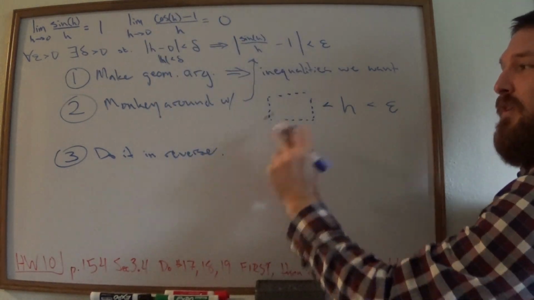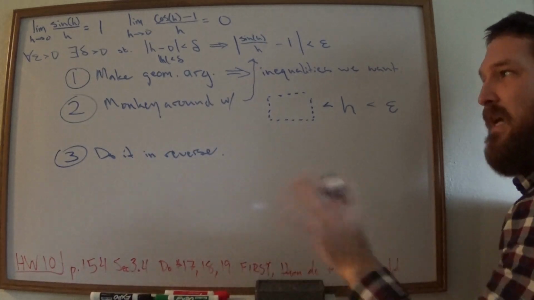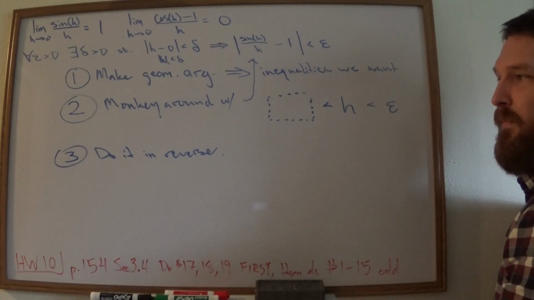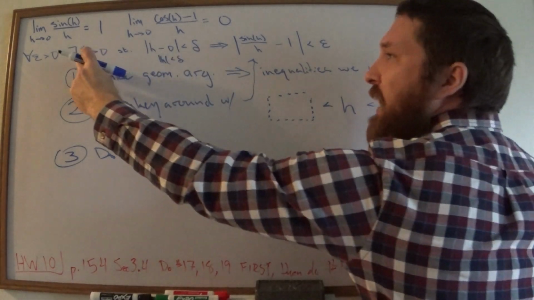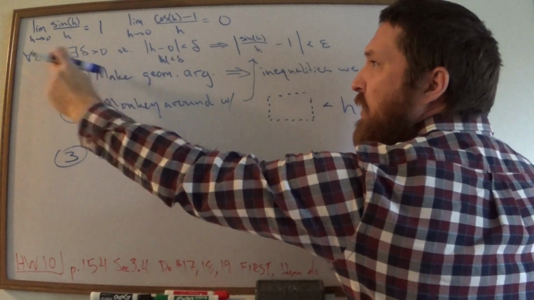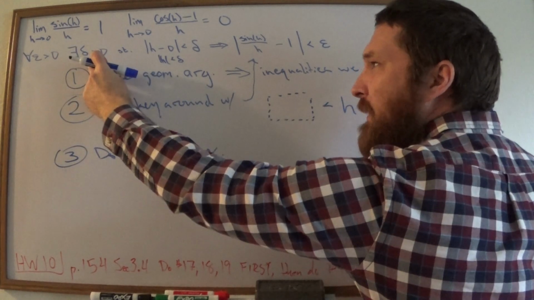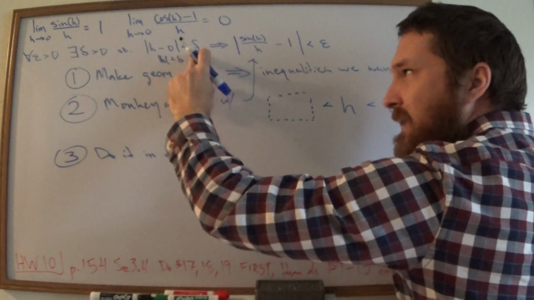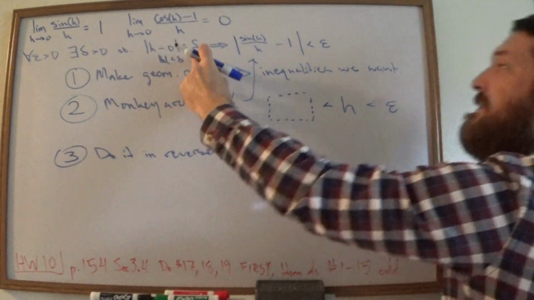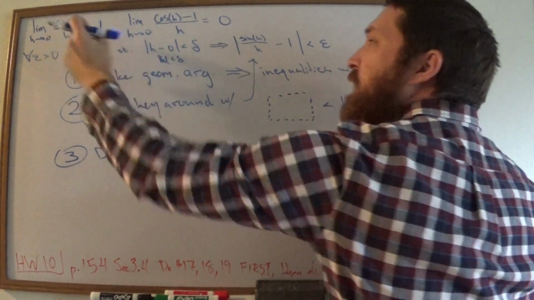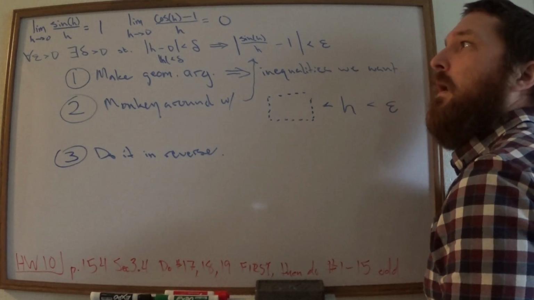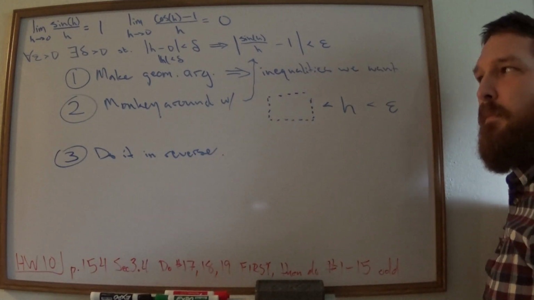So we're going to do all of this work from number 2 in reverse, and I'm going to burn through that really quickly, just to make sure that yes, I found my delta. You give me an epsilon, I'll find my delta, and whenever h is smaller than it, this thing gets arbitrarily close to 1. Everybody with me on that?